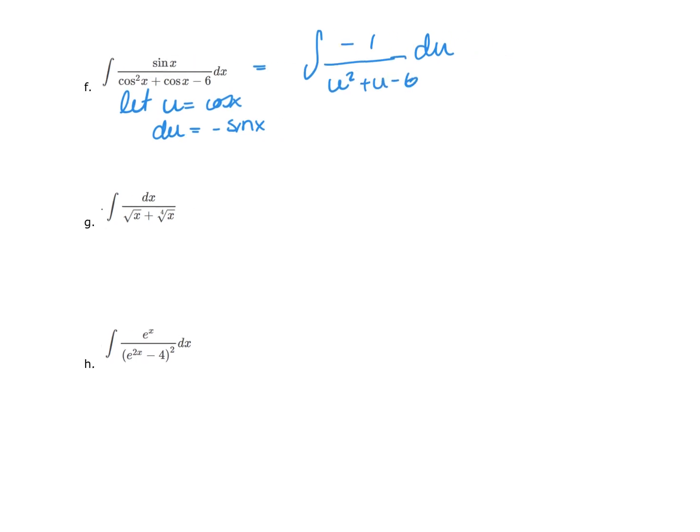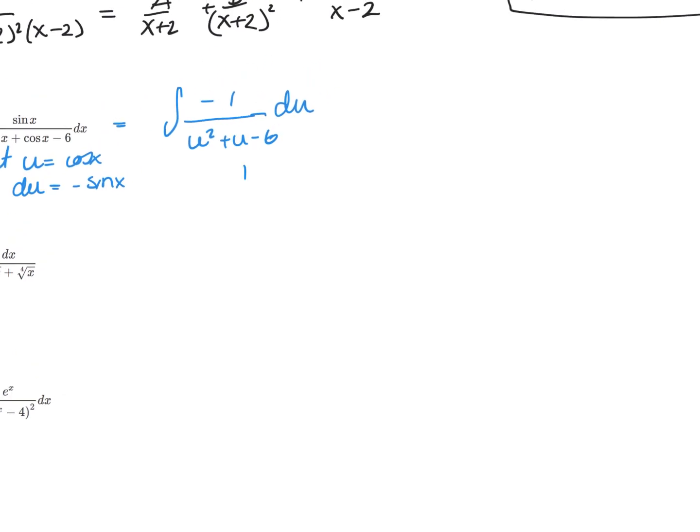Now, this is 1 over, I'm going to use a negative 1 over, u minus 2, u plus 3, which would give me the denominator. So I have A over u minus 2, plus B over u plus 3.